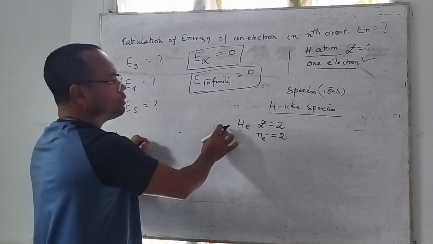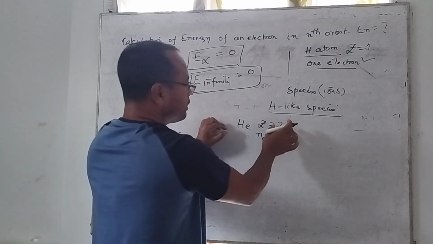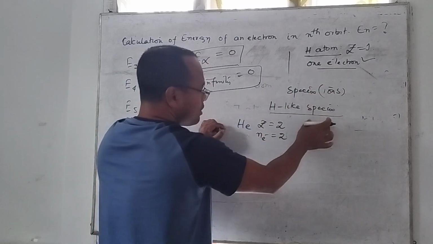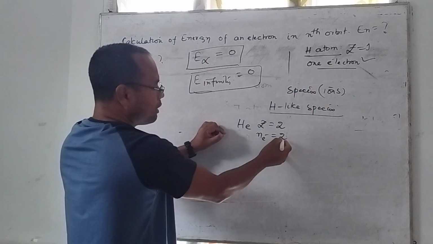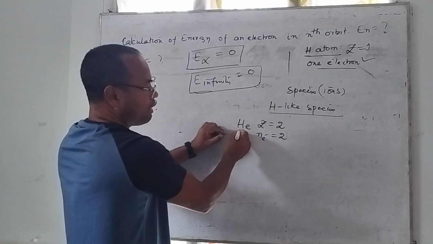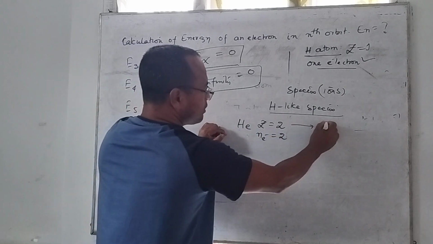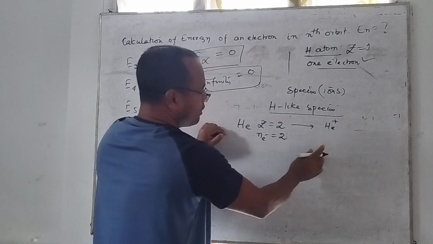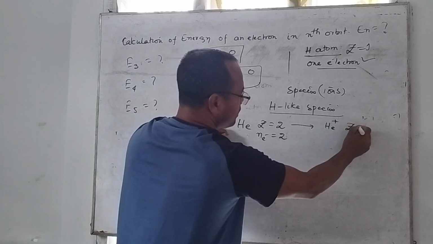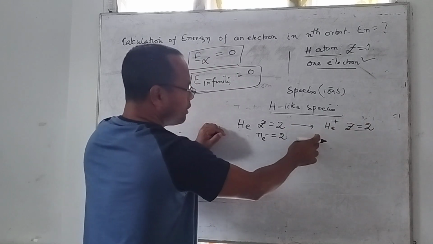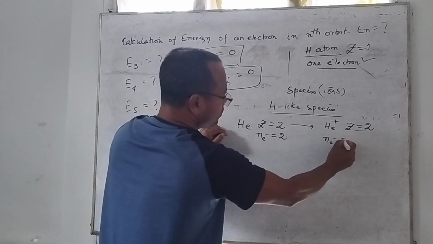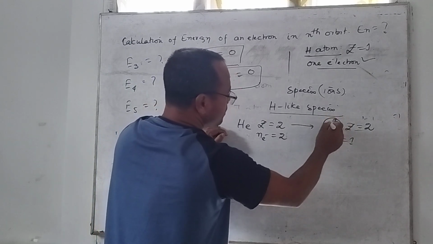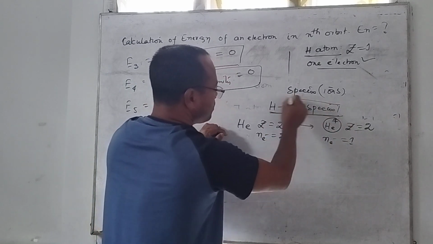Now in order to change into a one electron system, that means only one electron, I remove one electron from the helium atom. This helium atom is now helium plus. But the atomic number is the same, while the number of electrons here is only 1. So this helium plus we call a hydrogen-like species.